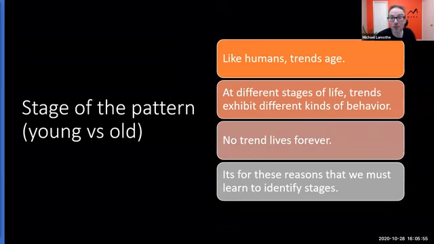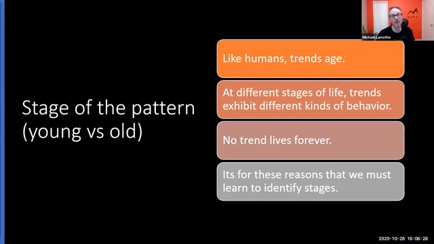So the stage of the pattern, young versus old. Just like humans, trends age. And at different stages of its life cycle, trends begin to exhibit different kinds of behavior. When you see a stock that's a recent IPO and people are beginning to become aware of that stock, it'll behave a little erratically at first.